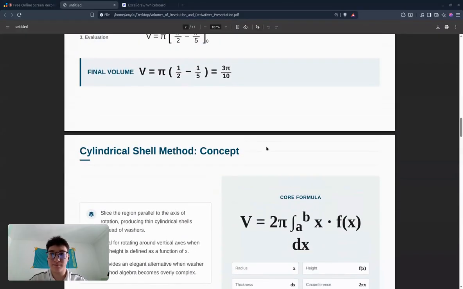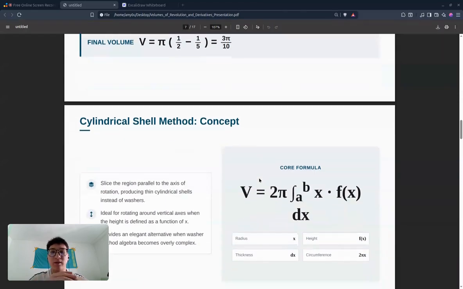So now for a different approach, the cylindrical shell method. Instead of slicing across the axis, we slice parallel to it into thin tubes, like the layers of an onion or a rolled up sheet. Each shell has its own radius, a height, and a very thin wall. Here is the idea behind the formula.